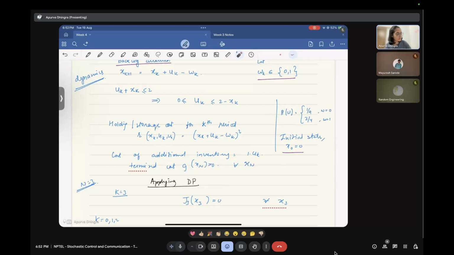And the additional cost per unit of the stock value is just 1 unit, and the terminal cost is taken to be 0. To make sure that this problem is something that we can solve in our time here, I'm taking n to be 3.